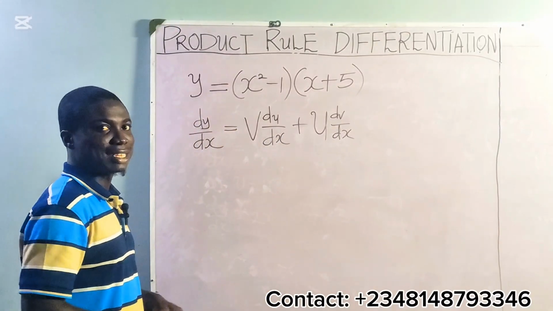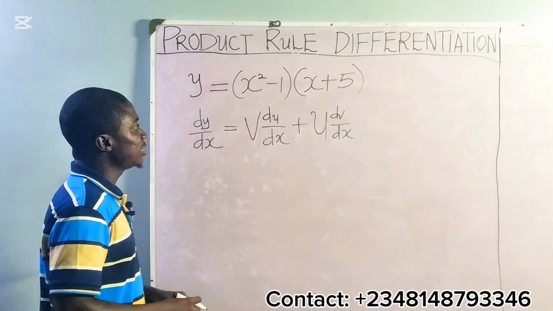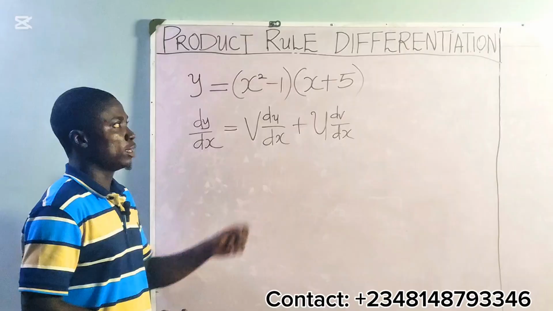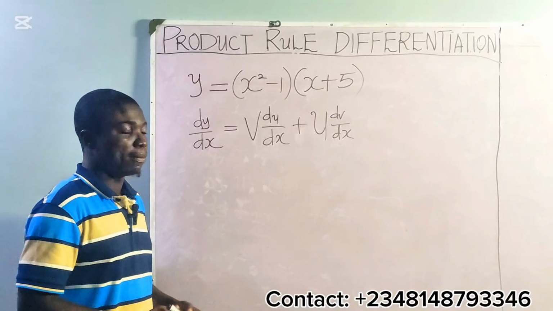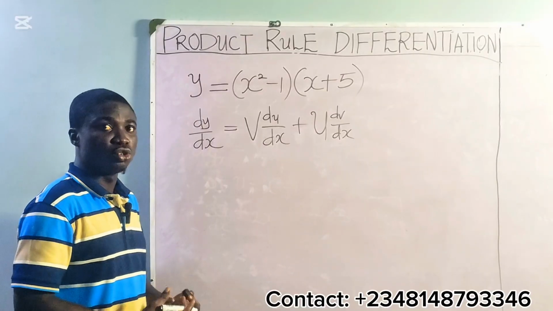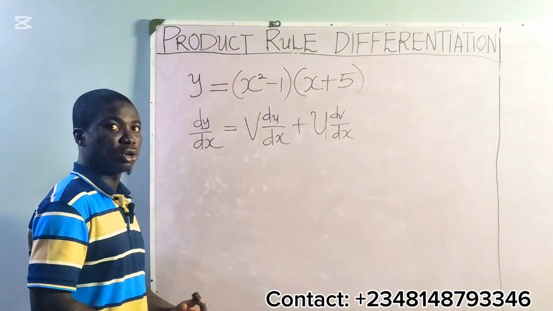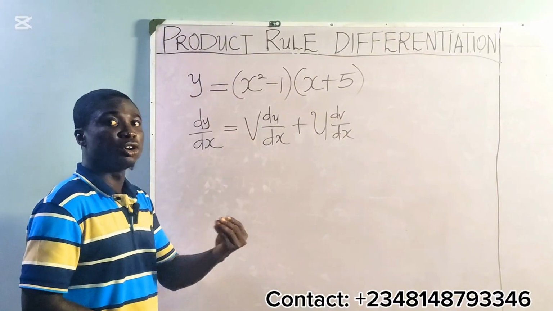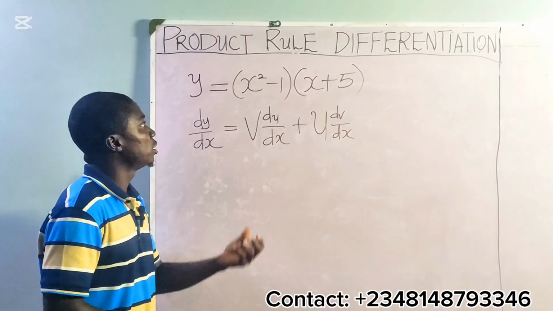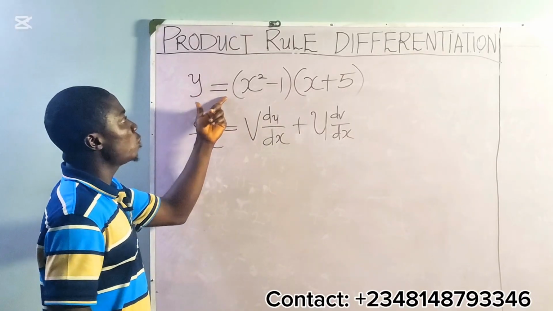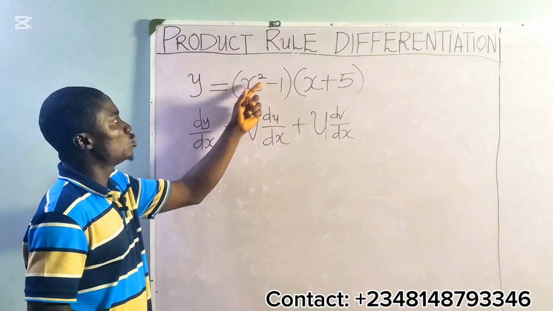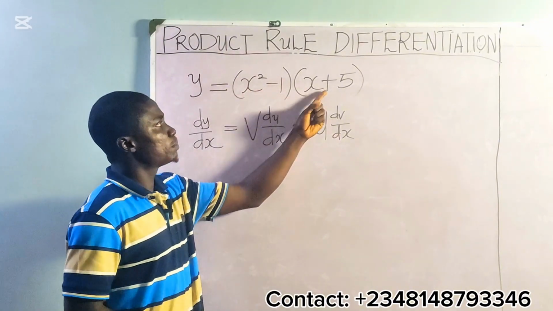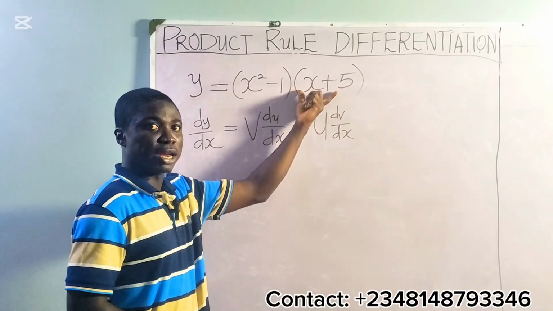All right, so what's our next task here? Our next task is to identify our u and v. Whenever you're given a problem and you're asked to differentiate using the product rule, simply identify your u and your v before you proceed. y is equal to x raised to the power 2 minus 1 in the first bracket, multiplied by x plus 5 in the second bracket.